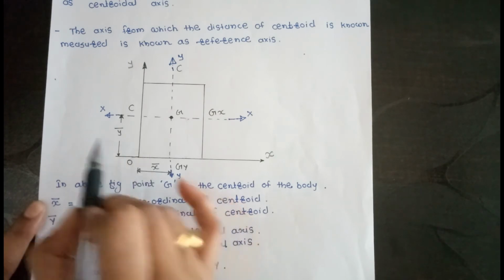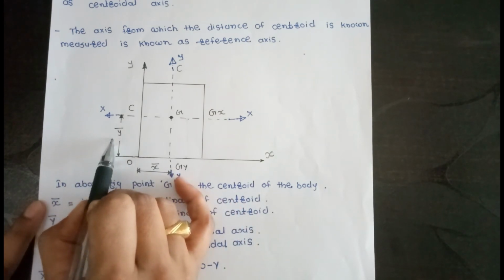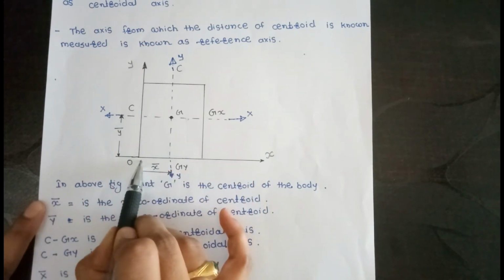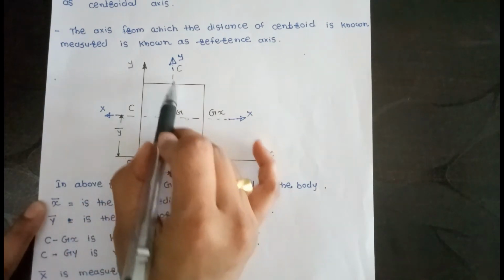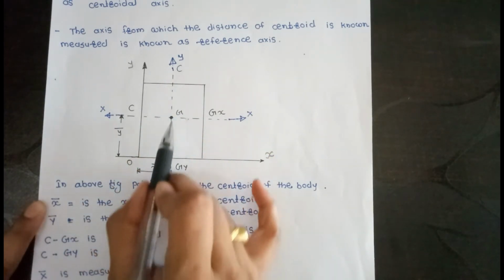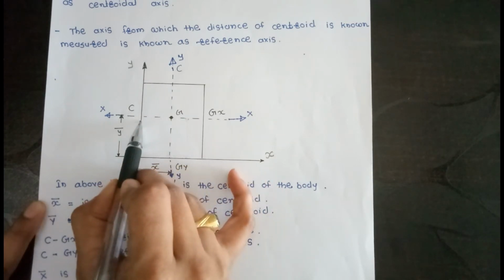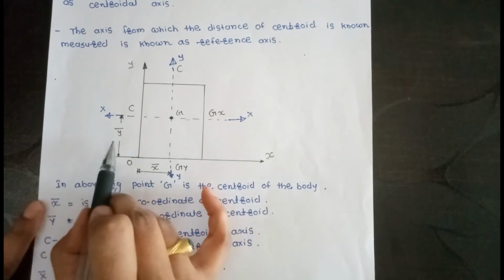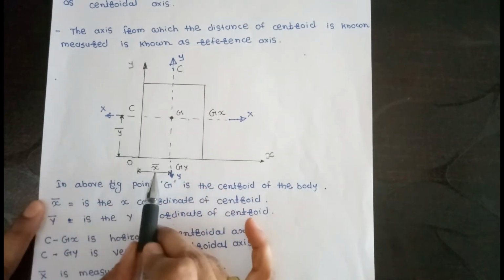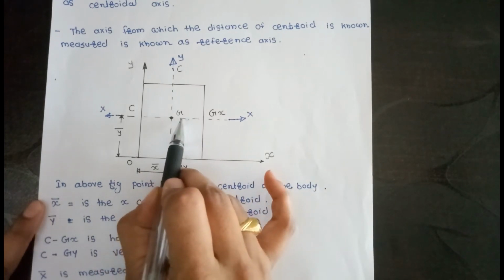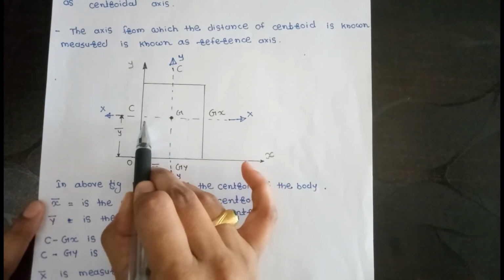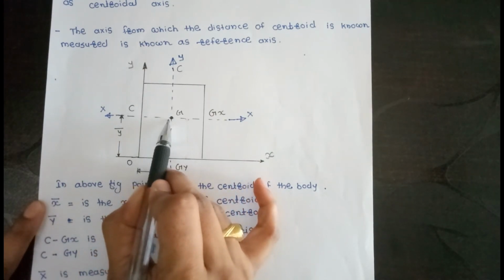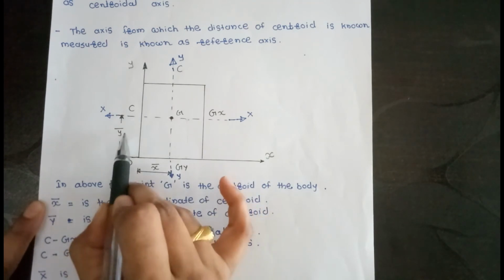In short, the distance between center of gravity and the x axis base is y bar, and the distance between the center of gravity and the y axis base is x bar. This is very important for centroid: y bar and x bar.